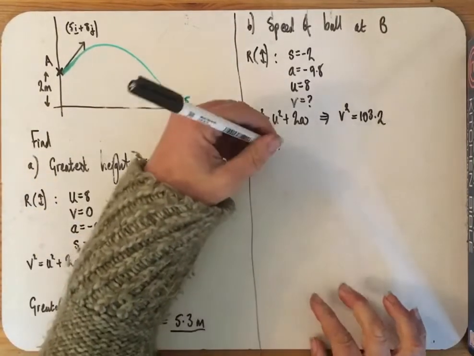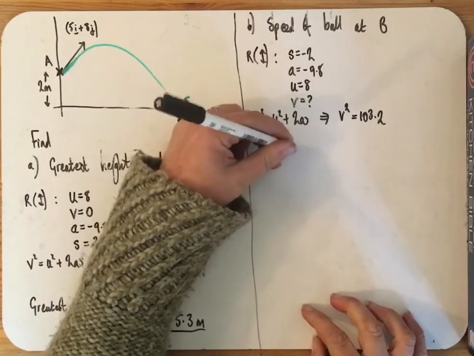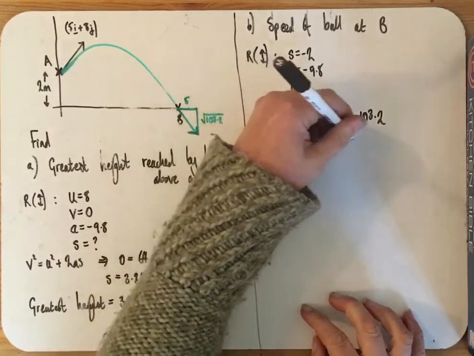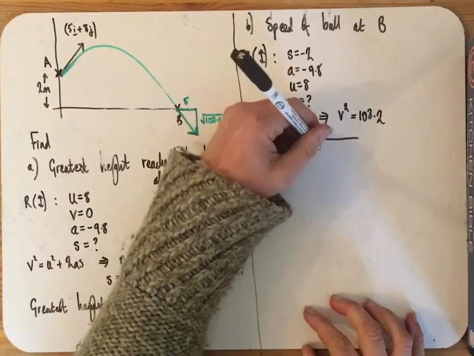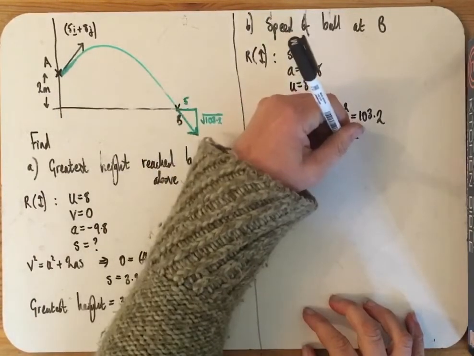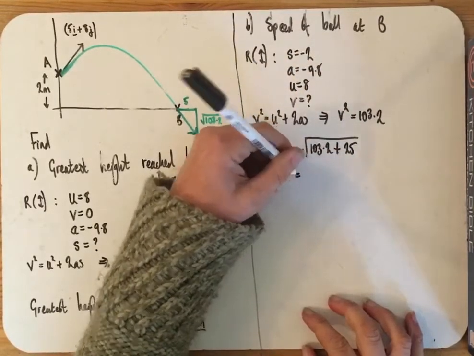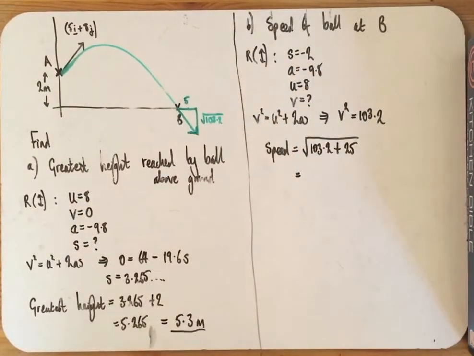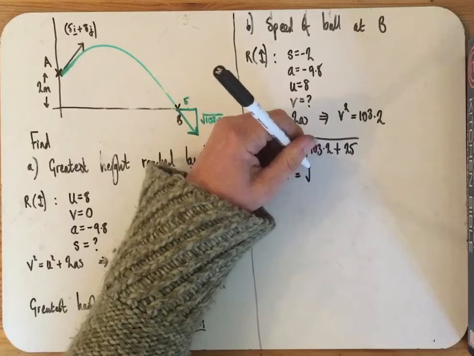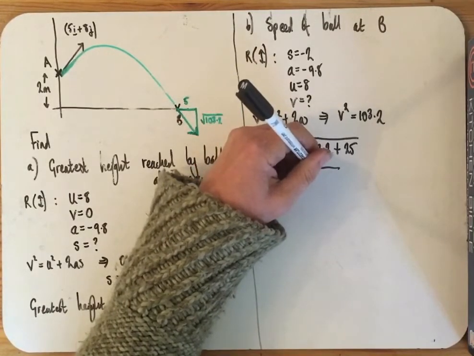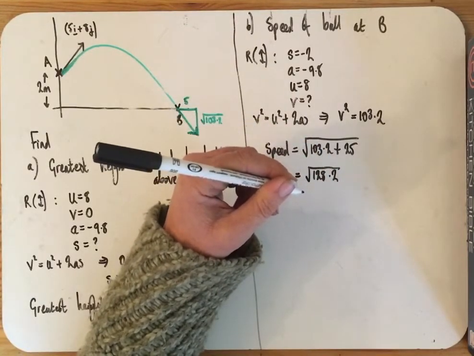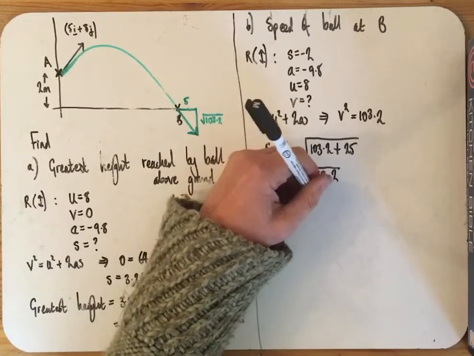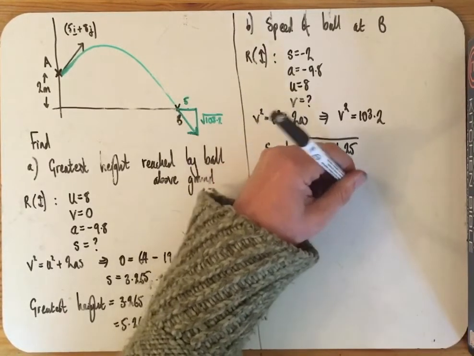And so the speed is equal to the square root of 103.2 plus 25, and that gives you the speed when it reaches B as being the square root of 128.2. Obviously that's too good an answer, and so to 2 sig fig, that's 11 meters per second.